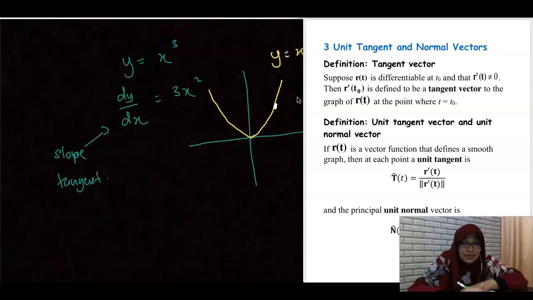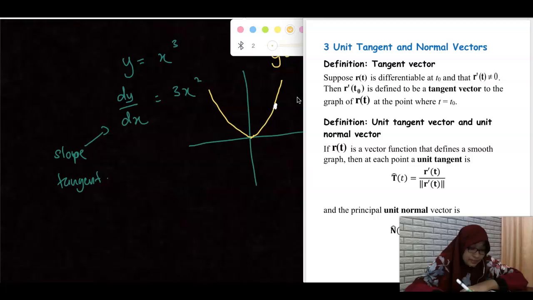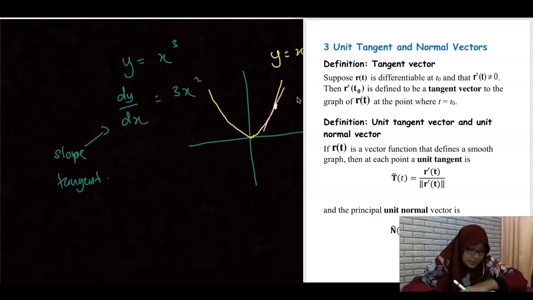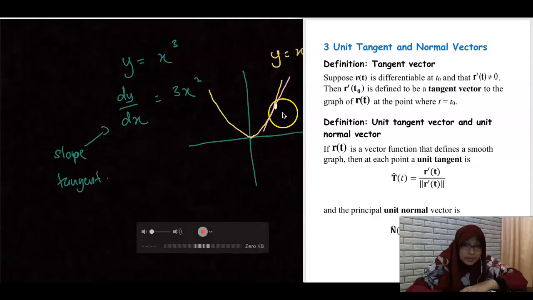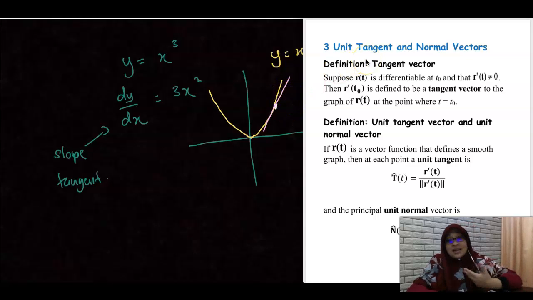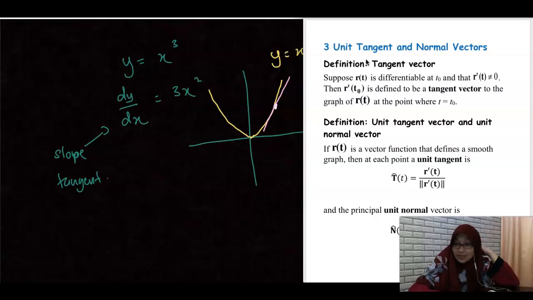When you have the slope, you can find the tangent line. Tangent has to do with the slope. Since you know the slope and you know the point, you can get the linear equation of this tangent line. Now we extend the understanding into the vector function.